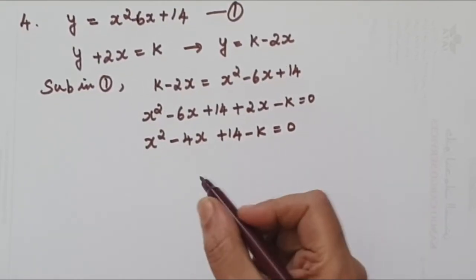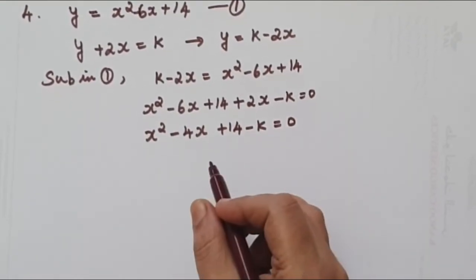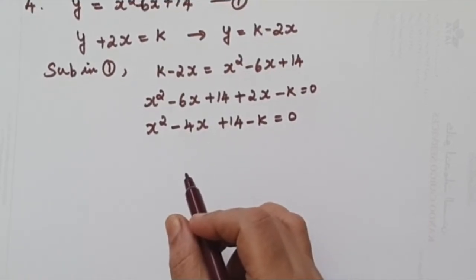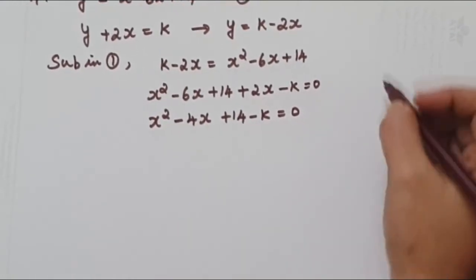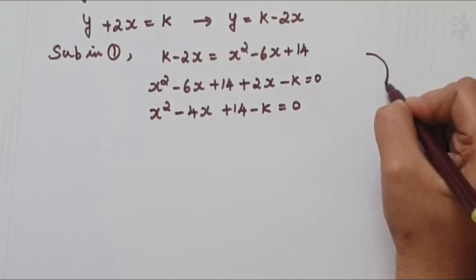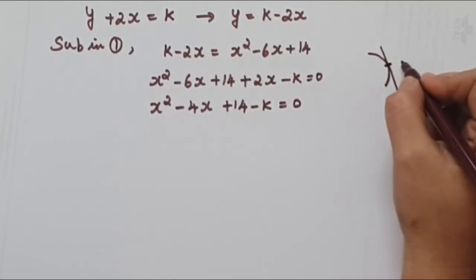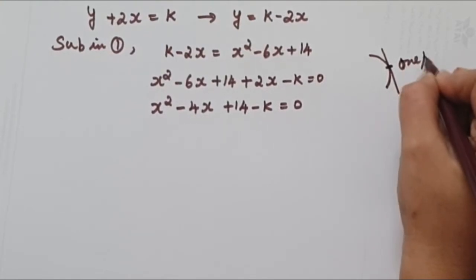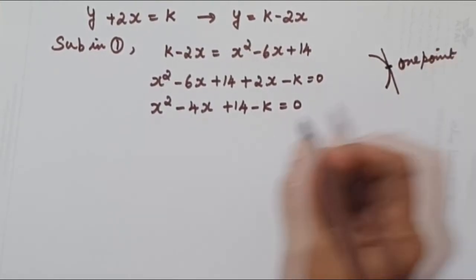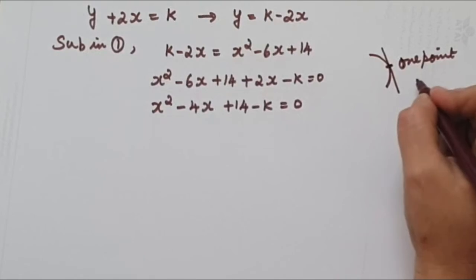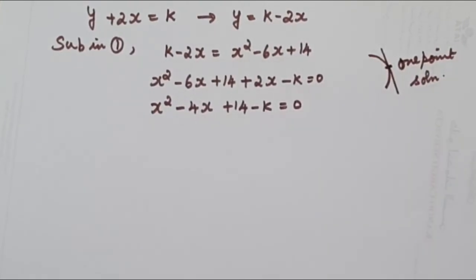Now we are given that the line is a tangent to the curve. When a line is a tangent to the curve, it will touch the curve at only one point. So now we have only one solution or only one root.